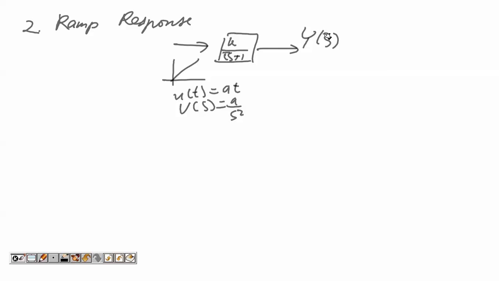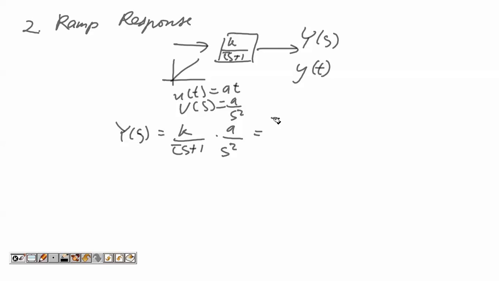We find Y(s) and then we will get y(t). Y(s) is k over (tau s plus 1) times a over s squared.